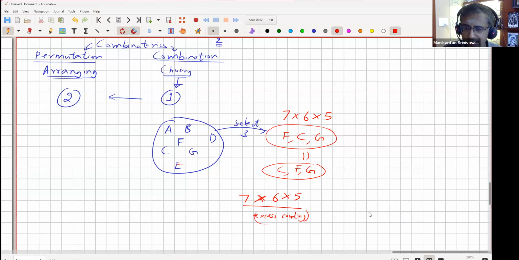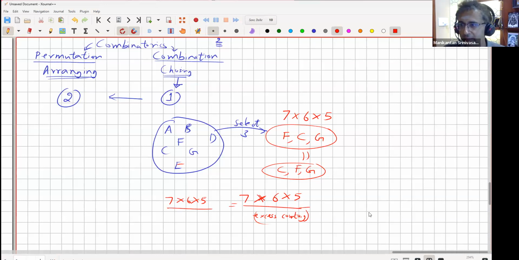So by how much are we excess counting or double counting? Double counting is a naive way of saying it, when literally you're counting everything twice. But this is an extension of double counting. It's excess counting. We are actually counting in however many ways we can arrange C, F, and G between themselves.